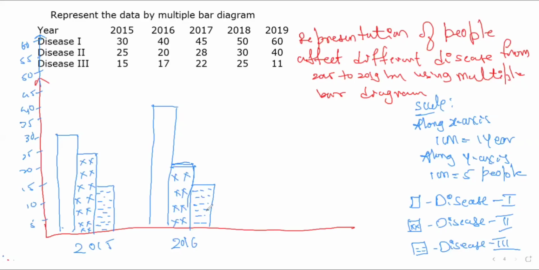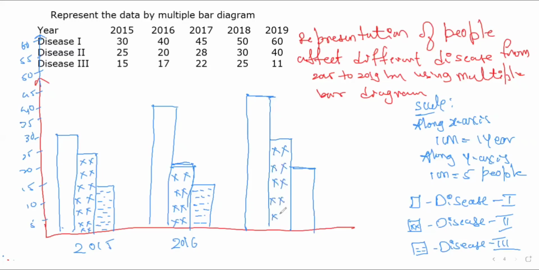For 2017, I will also show. The first one is 45. Next one is 28. Next is 22. So here cross sign, then minus sign. That is 2017.